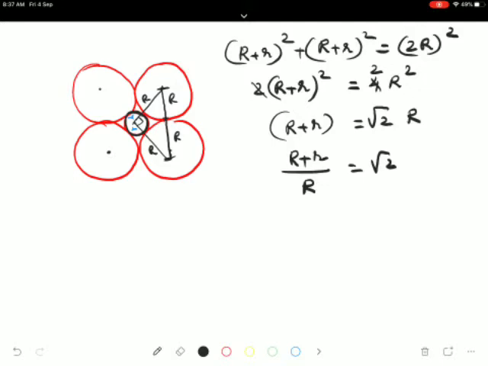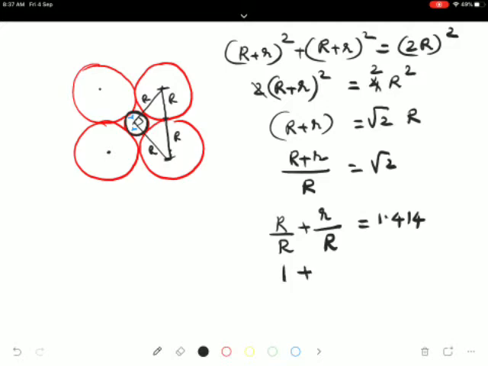R plus r means you can write it as R divided by R plus small r upon R is equal to root 2 value, 1.414.